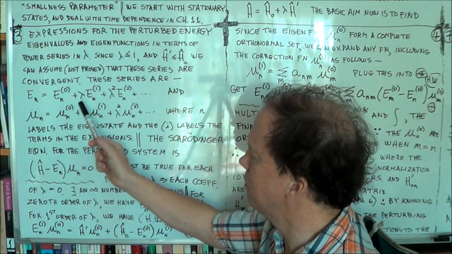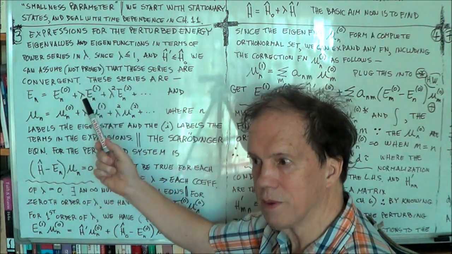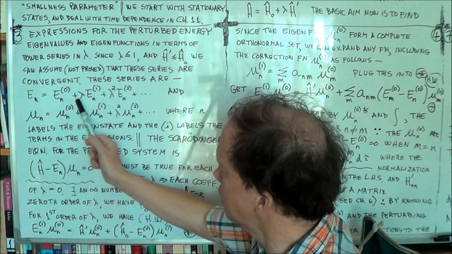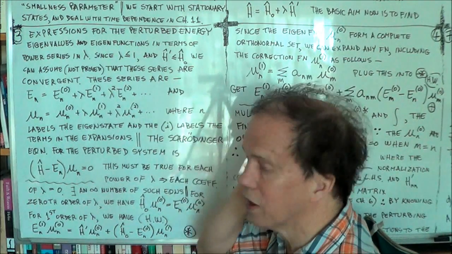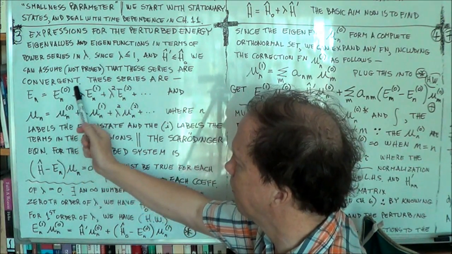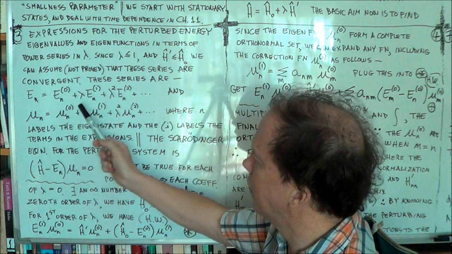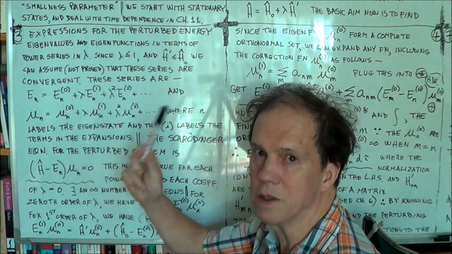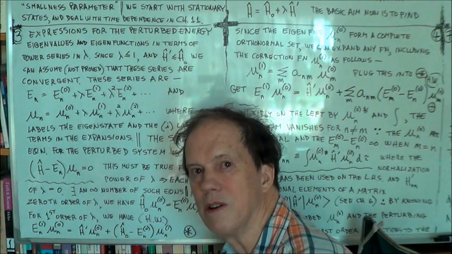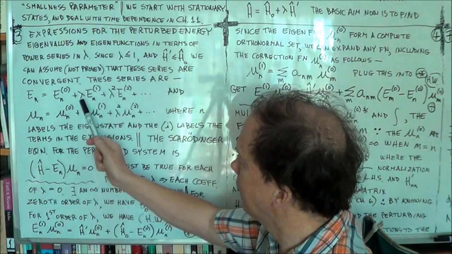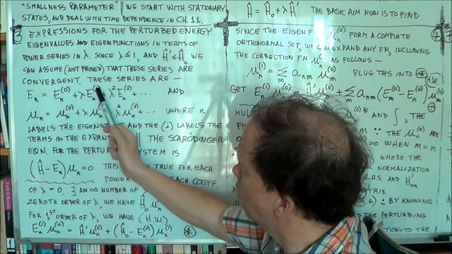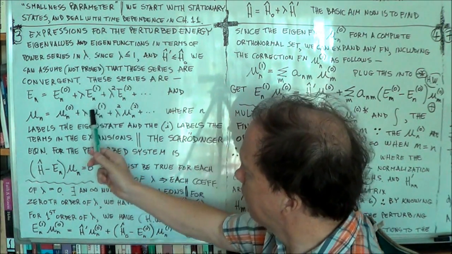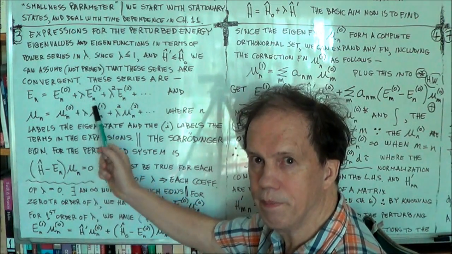And now this is an assumption, it's just part of perturbation theory, that the corrections, the changes if you like, to the basic eigenenergies, you can write in the form of a power expansion in terms of lambda. And this lambda is just a constant, assumed to be between 0 and 1. So this E1 here, that's the energy correction to so-called first order.